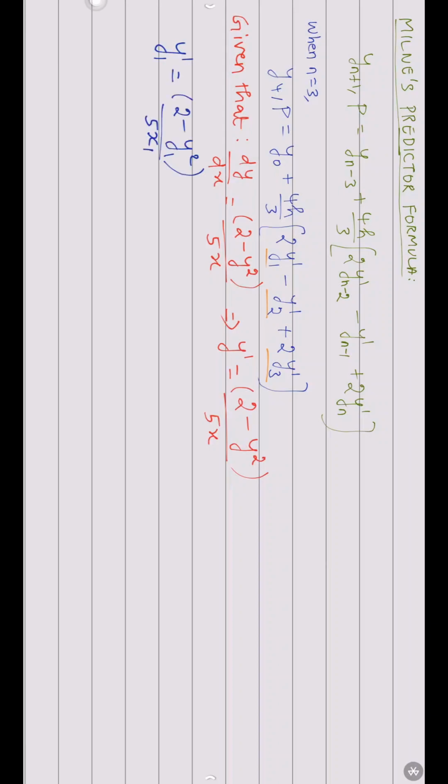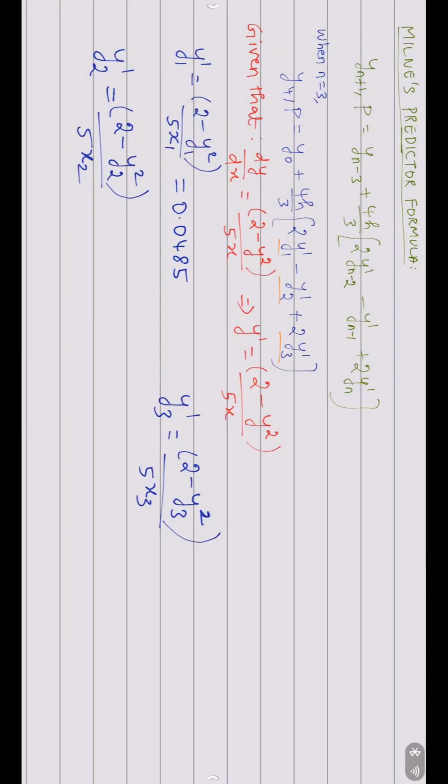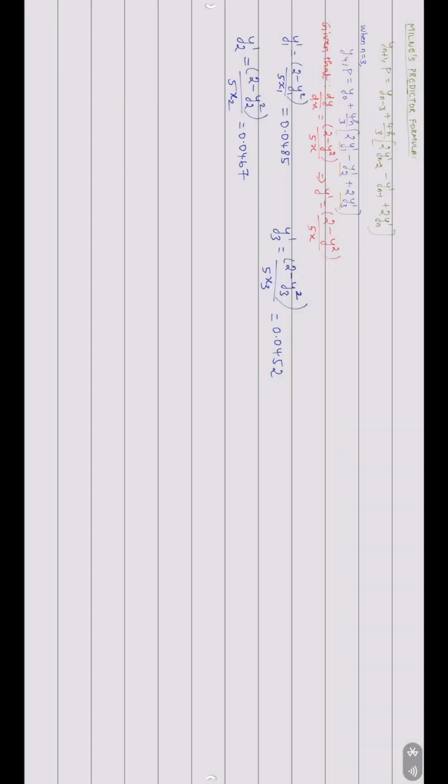Therefore, y1 dash will be equal to 2 minus y1 square, the whole divided by 5x1. y2 dash will be equal to 2 minus y2 square, the whole divided by 5x2. And y3 dash will be equal to 2 minus y3 square, the whole divided by 5x3. On solving this, we get y1 dash, y2 dash and y3 dash.